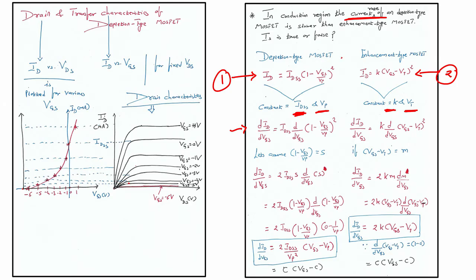Let us just see this side first. Let us assume here that 1 minus VGS by Vp is nothing but S.